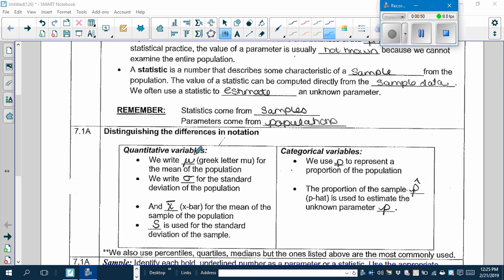When we use quantitative variables, we use mu and sigma for the population, but we use x bar and s of x for the sample mean and standard deviation. And then for categorical variables, we use p to represent the population proportion, and we use p hat to represent our sample. Okay, be very careful with that. I'm going to be nitpicky on that because if you make a mistake on that, you're going to lose points on the AP exam.